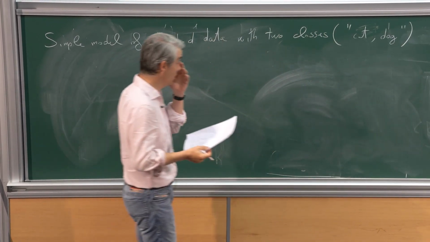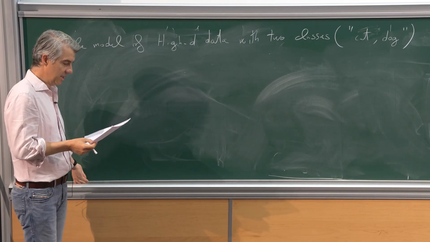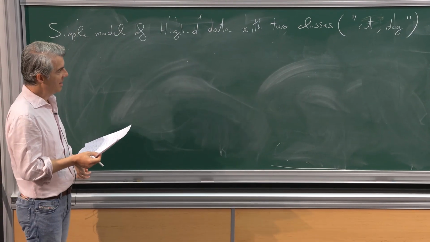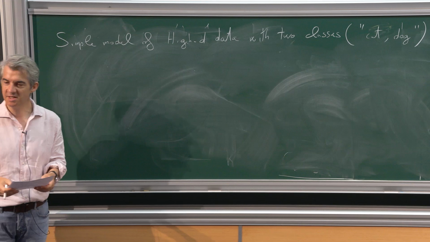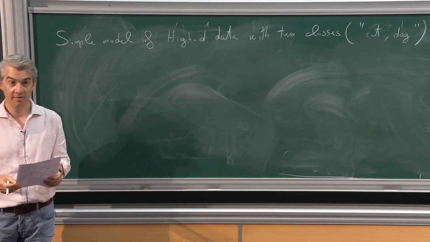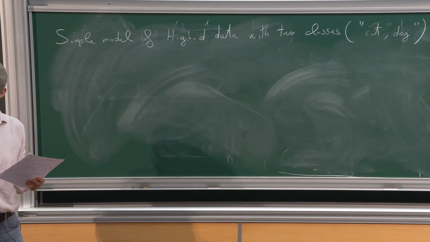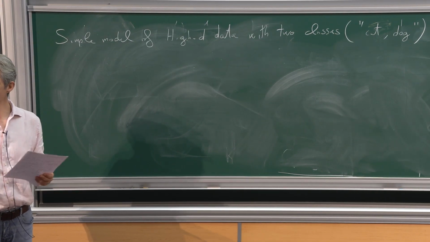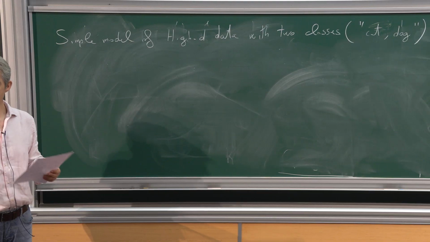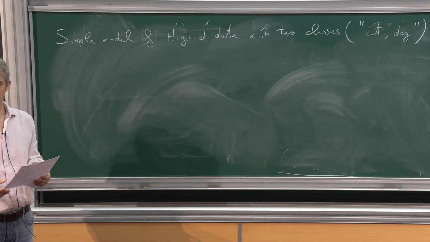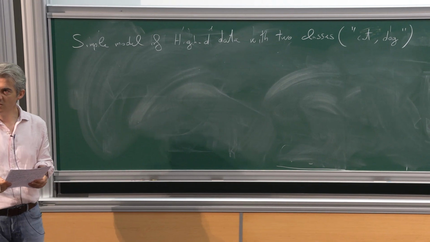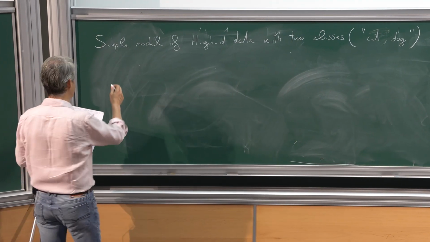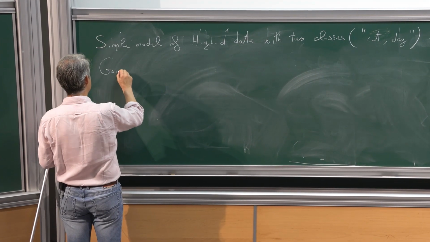Okay, so what are the ingredients that I'm going to put? In physics, if you want a very simple model of a phase transition, in general when you teach a class, you go to the Curie-Weiss model, which is the ferromagnetic model with all spins coupled together. In computer science, the equivalent of the Curie-Weiss model is the Gaussian mixture. So what we are going to consider is a Gaussian mixture.